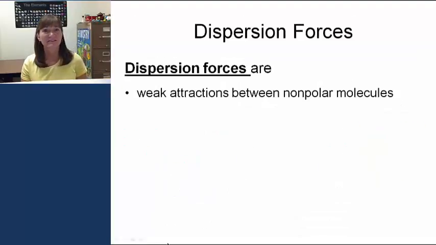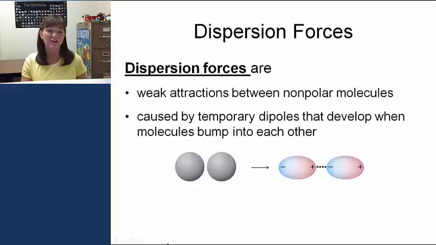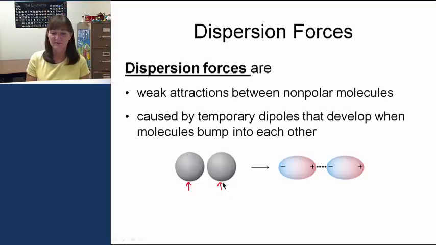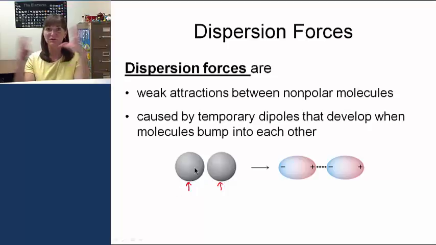There is another attractive force between molecules that's called dispersion forces. Those are weak attractions that happen between nonpolar molecules. They are caused by the temporary dipoles that develop when molecules bump into each other. So in this particular picture, I'm showing a nonpolar molecule here and another nonpolar molecule. Notice no separation of charge. It's all distributed evenly.